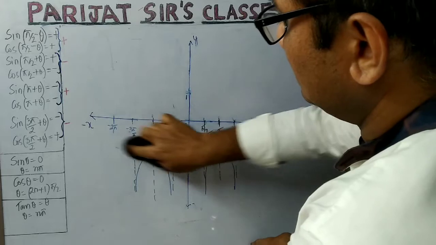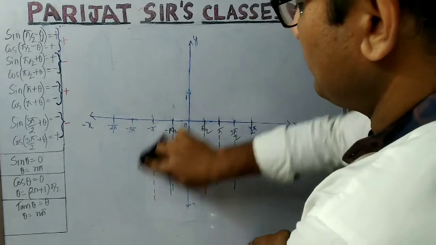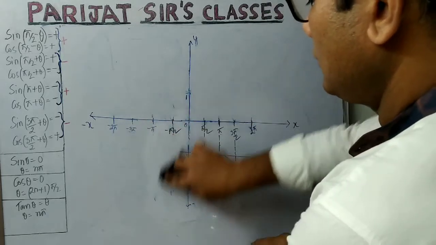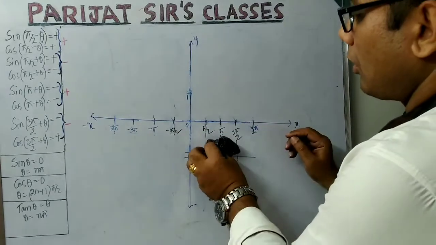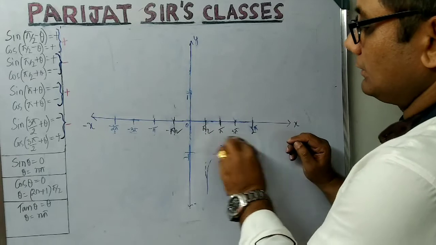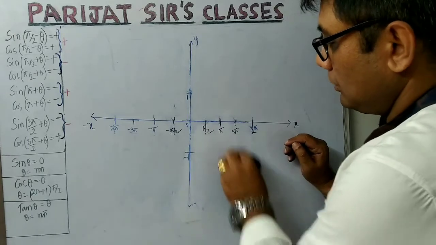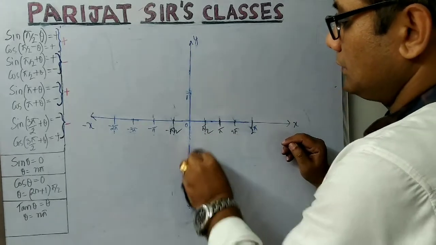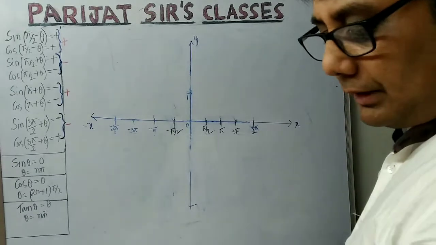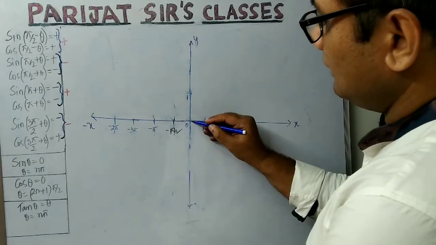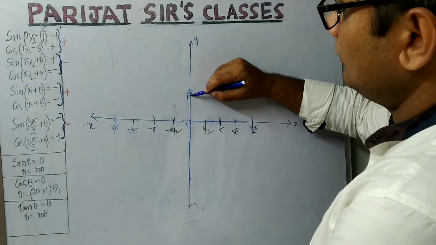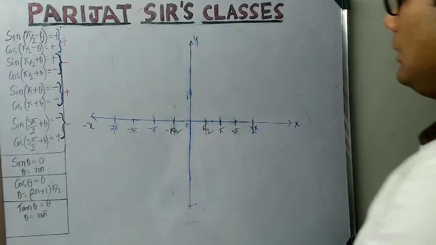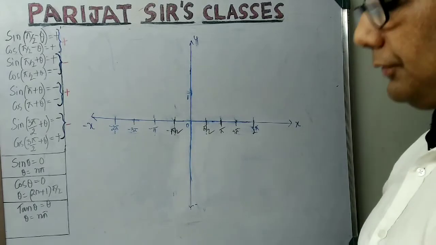So let's see how we can plot those graphs. Just keep one thing in mind, friends, that you really have to practice plotting these graphs a lot. Otherwise, you will be having trouble. You have to keep practicing these graphs.